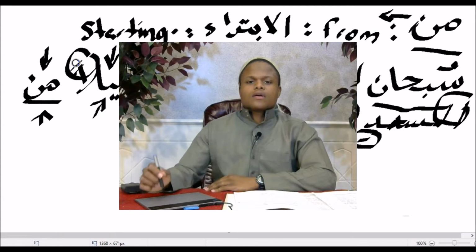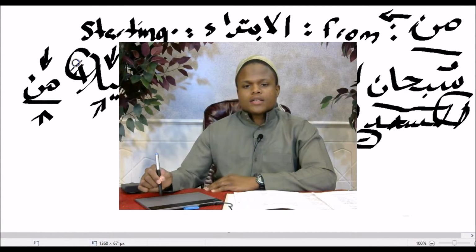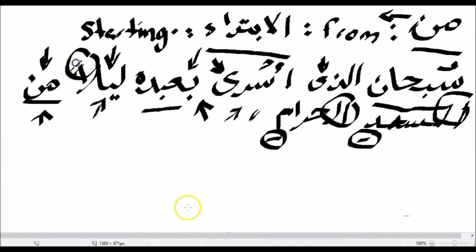Ila al-masjid al-aqsa, into the farthest mosque, which is our next shahid, our next example, is ila. He said min wa ila. Rahmatullahi alayhi, the mu'allif said min wa ila.